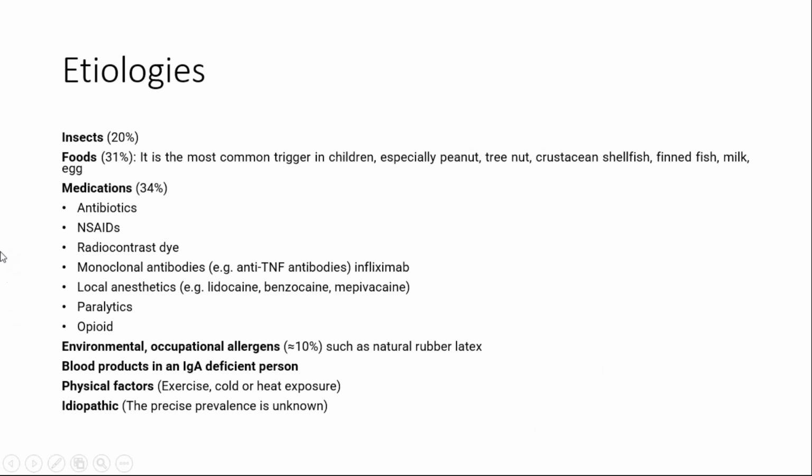Medications, like antibiotics, NSAIDs, monoclonal antibodies, radiocontrast, or any food or insect bite, or blood products usage in an IgA deficient person, or any physical factor like exercise or cold or heat exposure. It is a life-threatening condition which has to be managed promptly.